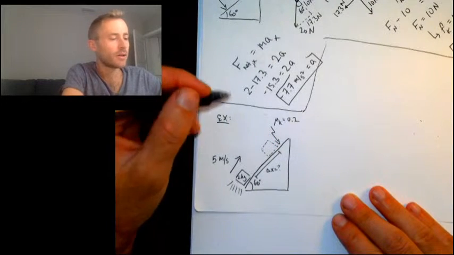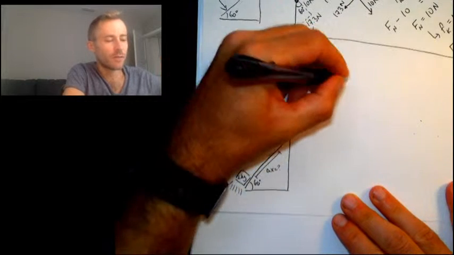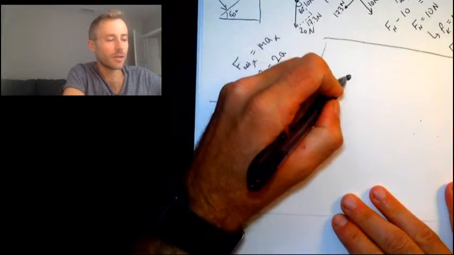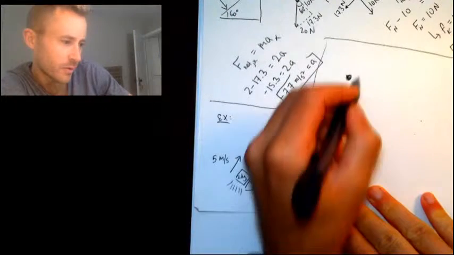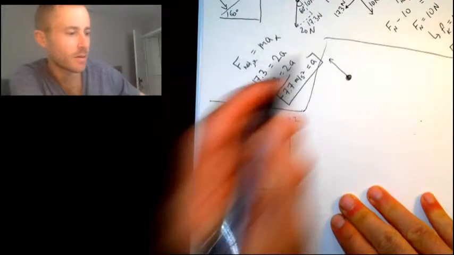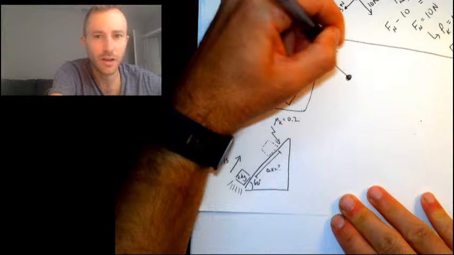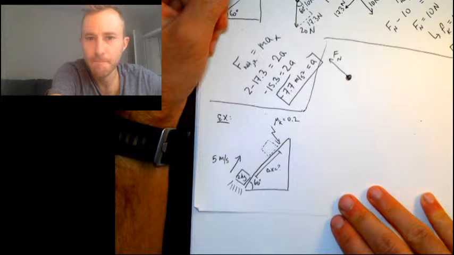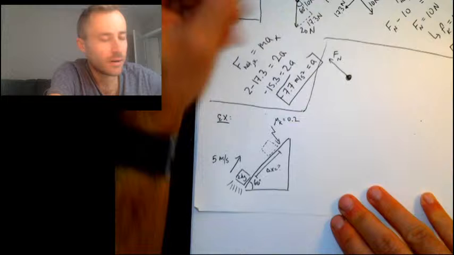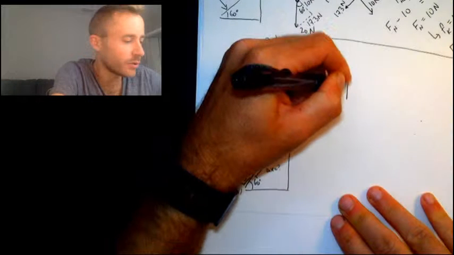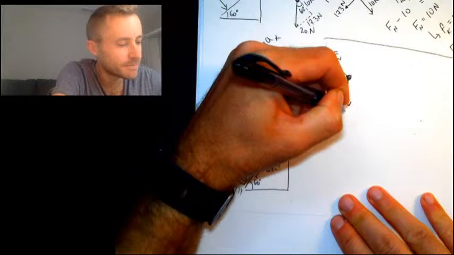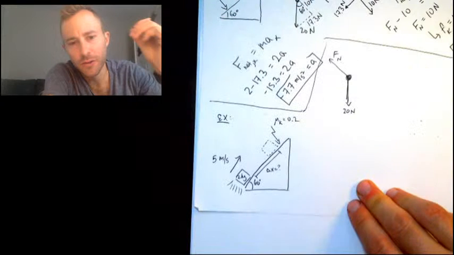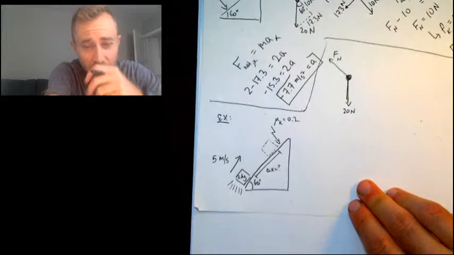We will start off with our free body diagram. It has the normal force perpendicular to the incline, and the 20 newton weight force going straight down. Now, what's going to be different in this case?